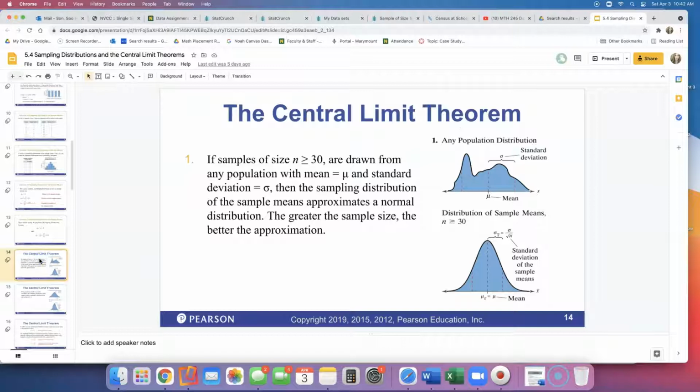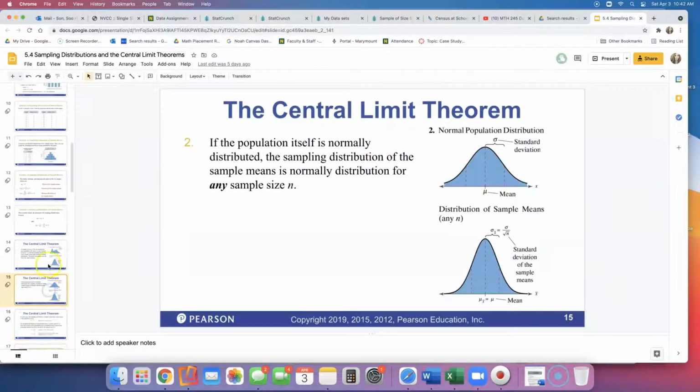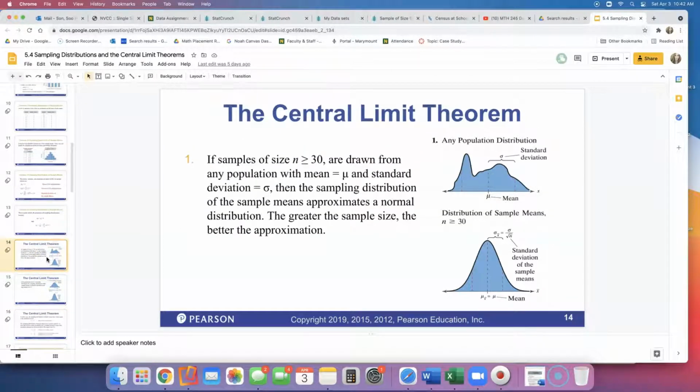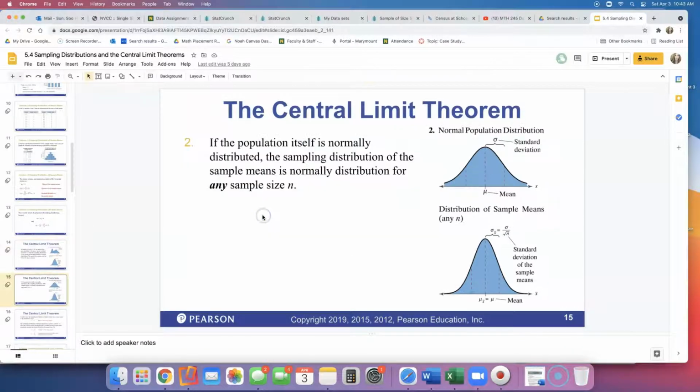slide number 14. If samples of size n greater than or equal to 30 are drawn from any population, see, the population does not have to be normal, with mean mu and standard deviation sigma, then the sampling distribution of the sample means approximates a normal distribution.